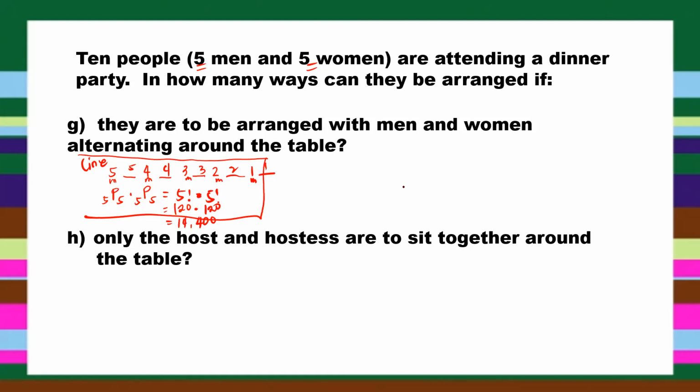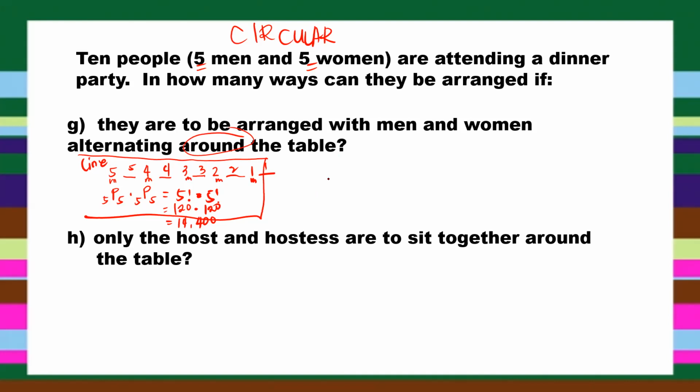Dito naman, kapag sa circular table na sila, kapag around the table na, kapag circular permutation, kung sino yung una mong i-arrange, depende yan sa'yo. If that is the men or the women, depende.